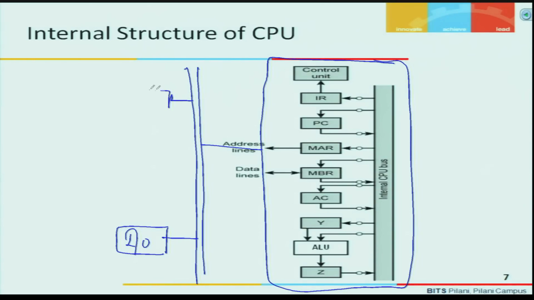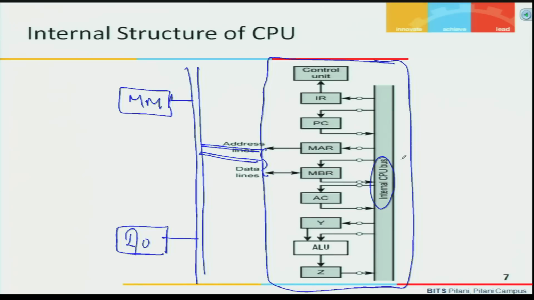Here you have the main memory, which is connected via the system bus to the processor. Internally the processor also has an internal CPU bus which connects the components inside the processor.